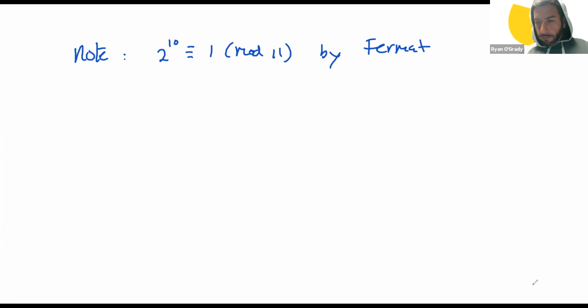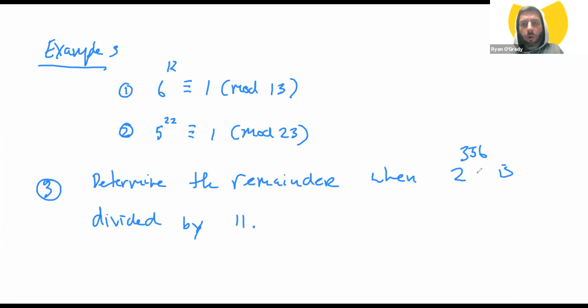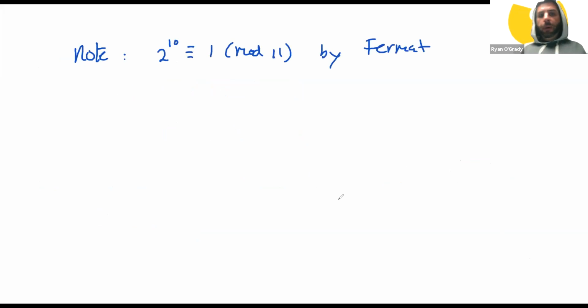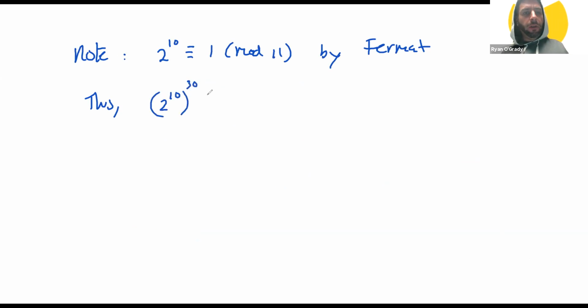Now, if we go back a page, we're not interested in 2 to the power 10. We're interested in 2 to the power 356. But we also have that if I take 2 to the power 10 and raise it to the 30th power, that's congruent to 1 mod 11.